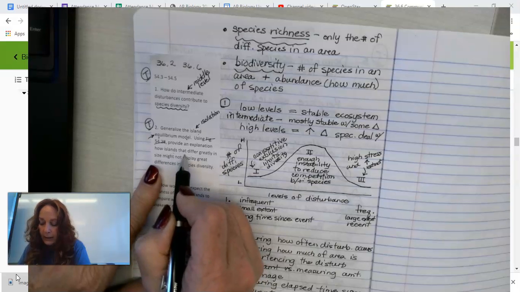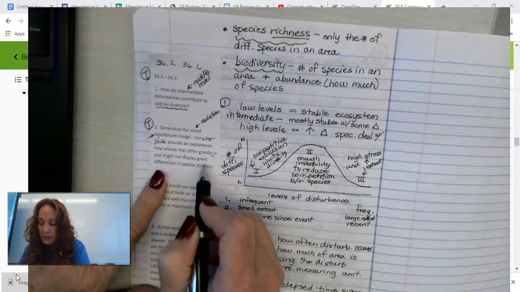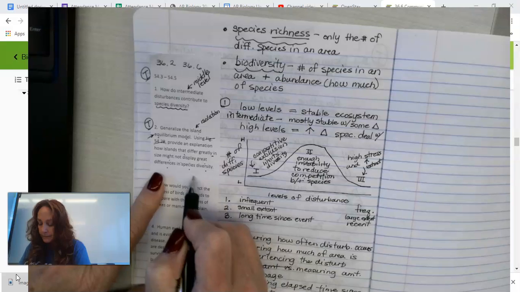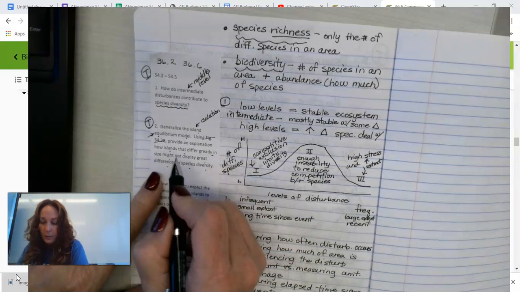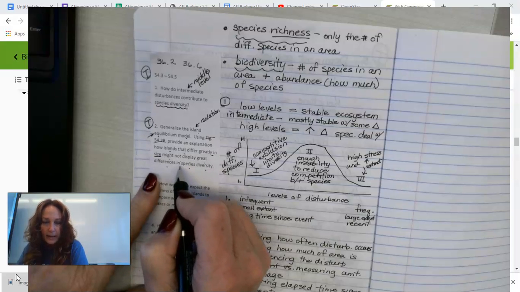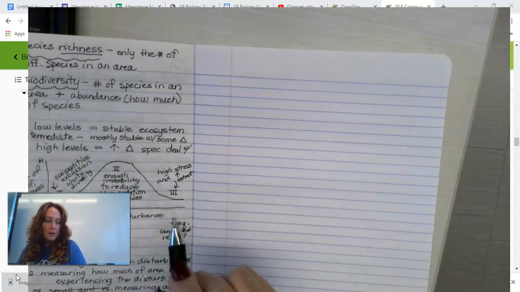The question is about how islands that differ in size might not display great differences in species diversity. So with an island, we're obviously thinking about how big it is, so size, but also how close it is to the mainland, which is where the species that occupy the island come from.